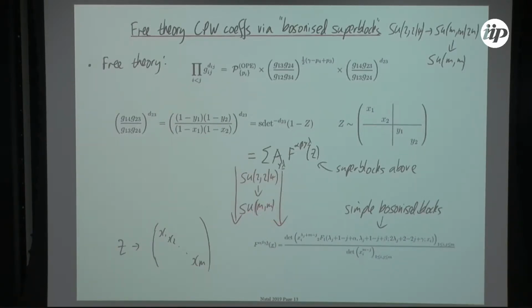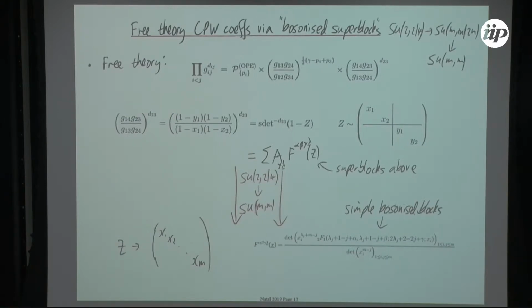But the main point is that the blocks themselves in this theory are very simple. They're just natural determinants of the hypergeometric. If you know bosonic blocks in 4 dimensions, you might see this as a 2 by 2 determinant. It's hypergeometric times hypergeometric minus hypergeometric times hypergeometric.